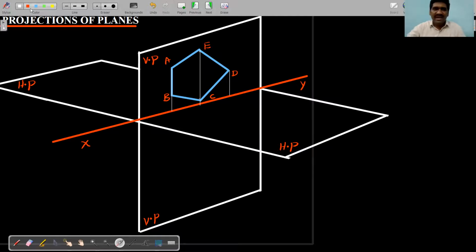Can I say all of you that this angle is 100% 90 degrees? At the same time, this is 90, this is 90. So definitely this is perpendicular to the horizontal plane and perfectly parallel to the vertical plane. Therefore, this is the projection of a plane parallel to VP and perpendicular to HP.